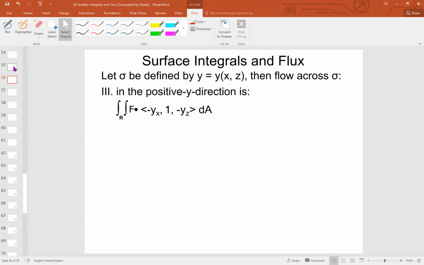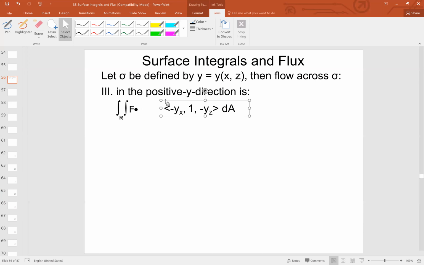This one flows across in the positive y direction. Then you will use this as the partials, and you have to switch all the variables around. You have to calculate the partial of y with respect to x and z, and with the chosen normal field, take this as a normal, and do the dot product in these directions, and this is the positive y direction. If it's a negative y direction, you change the signs around.